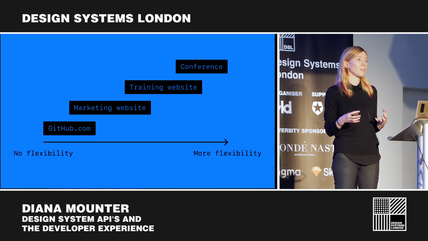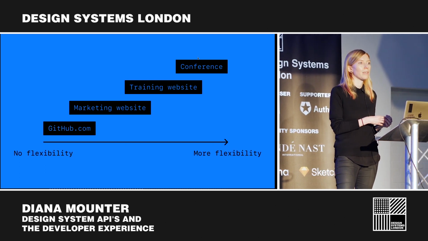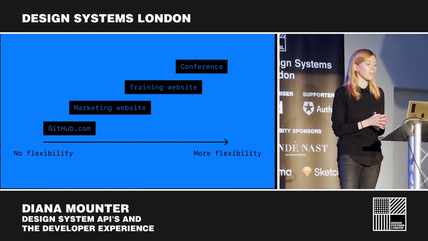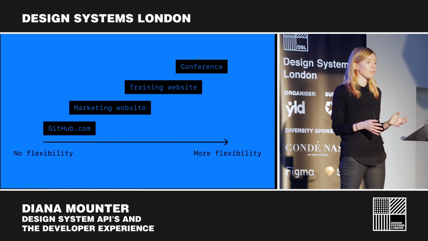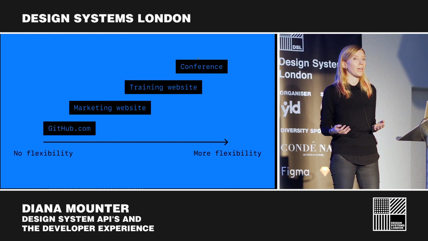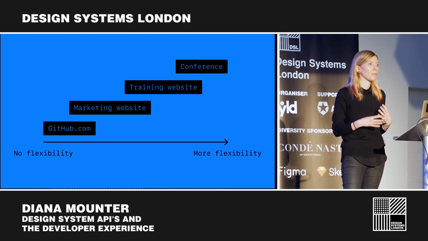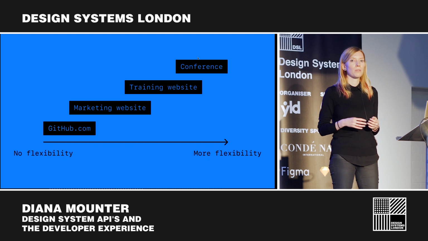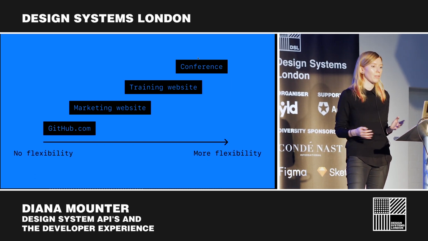It needs to use our design system out of the box. And that's definitely where our priorities lie with this design system. As you get further away from the product environment and you're looking at something like a conference website, that's where we have a bit more fun. That's where we're a bit more expressive and creative. That's where we might use completely different colors and typography and imagery and things like that.